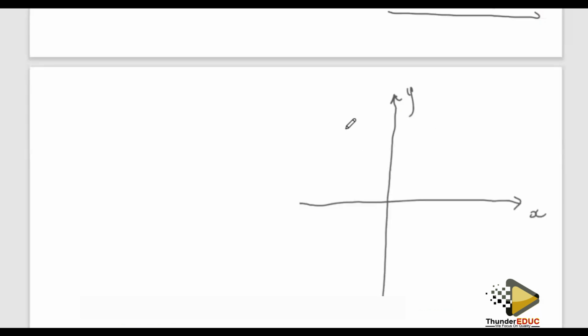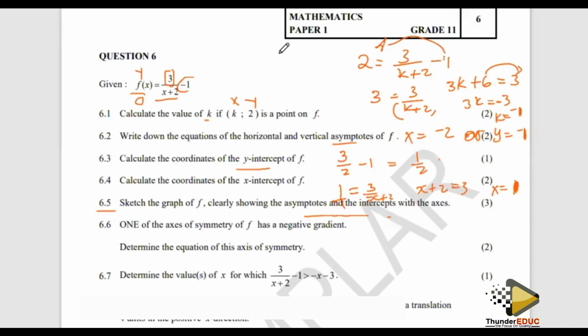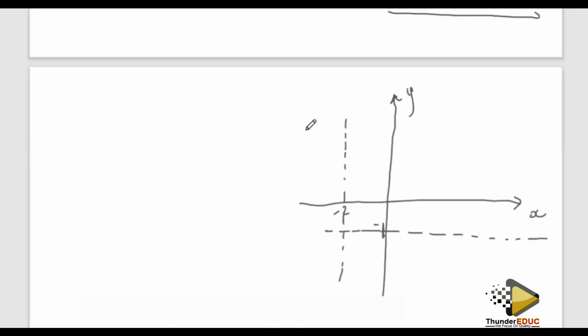So I make this x = -2 and then y = -1 somewhere here, just dotted lines. Asymptotes, we're done. Then the intercepts: the y-intercept is positive a half. So if this is a 1, then a half should be there.